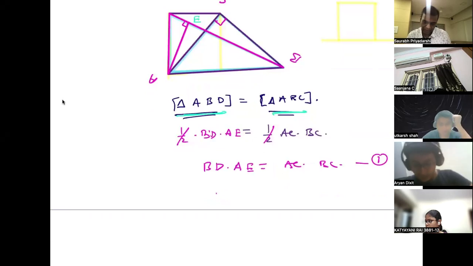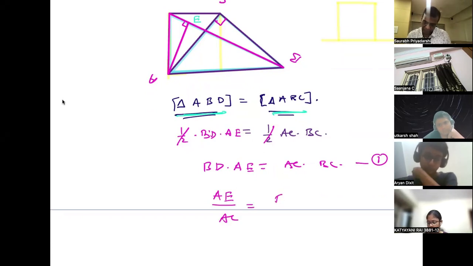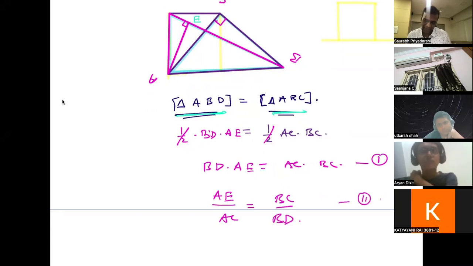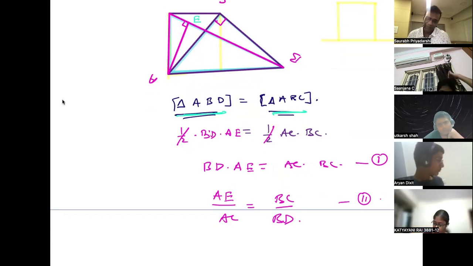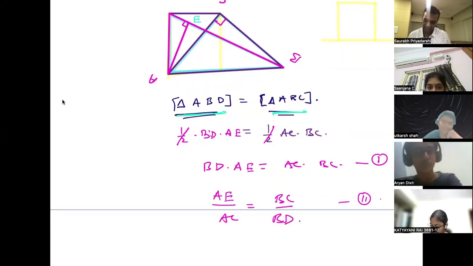So from this I can say AE upon AC is equal to BC upon BD. Are you getting anything on this? For similar triangles you can prove in that way also.